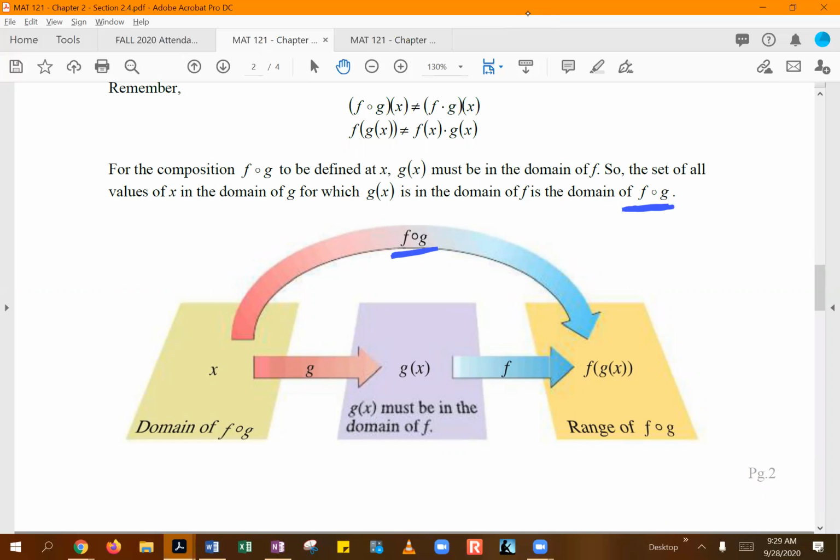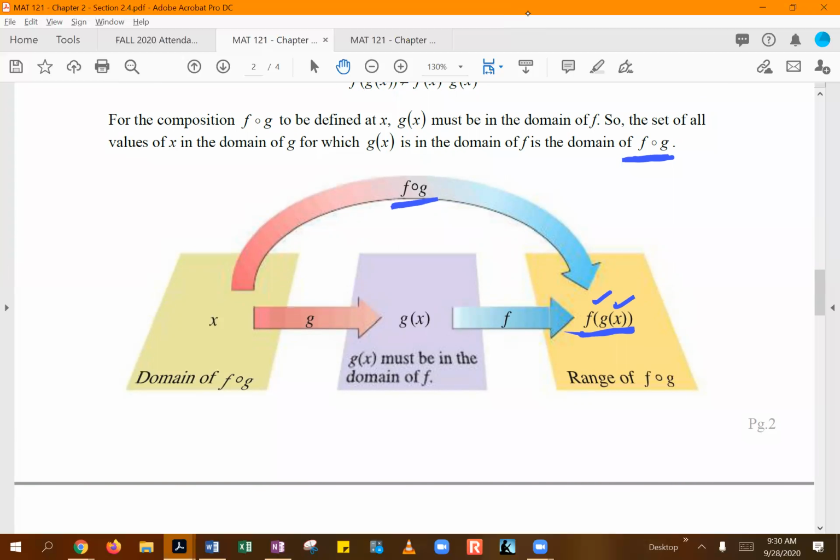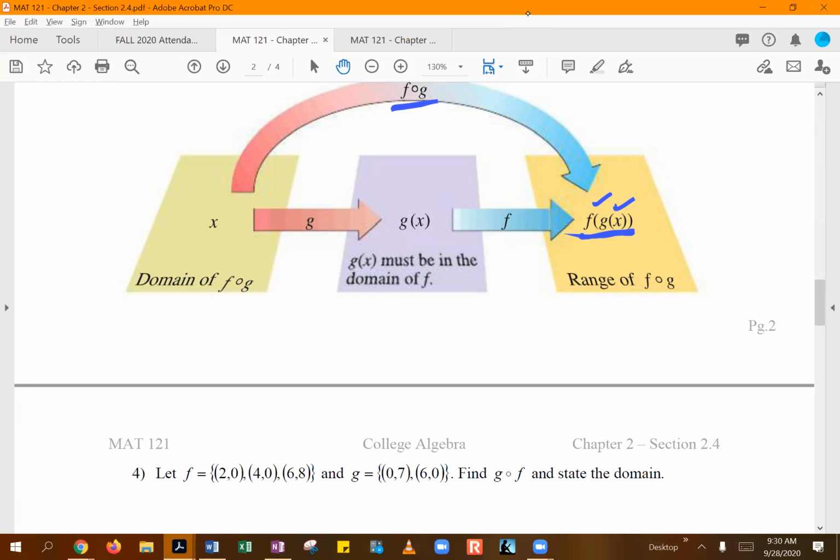The way we write it out is in this format, where the first function becomes your outer function and the second function becomes the inner one. The idea is you take this g of x function and literally place it inside of the outer function. And then this little illustration over here shows you how the domain and range of these compositions of functions work out to be.